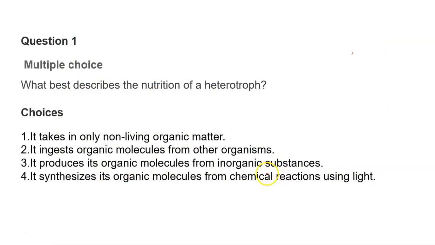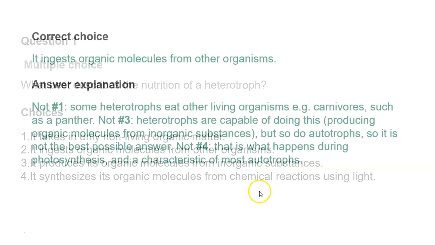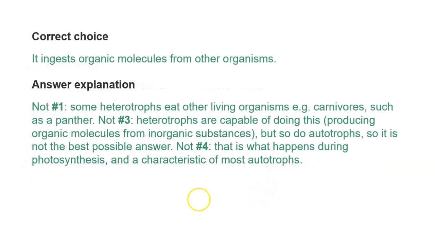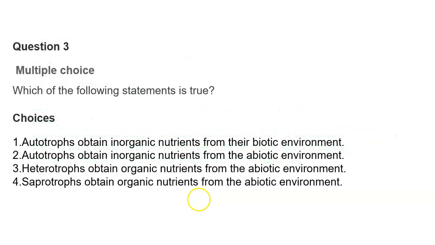Okay, let's have some questions and answers. Pause the video and answer the question. What best describes the nutrition of a heterotroph? Yes, it ingests organic molecules from other organisms. Next question. Which of the following statements is true?